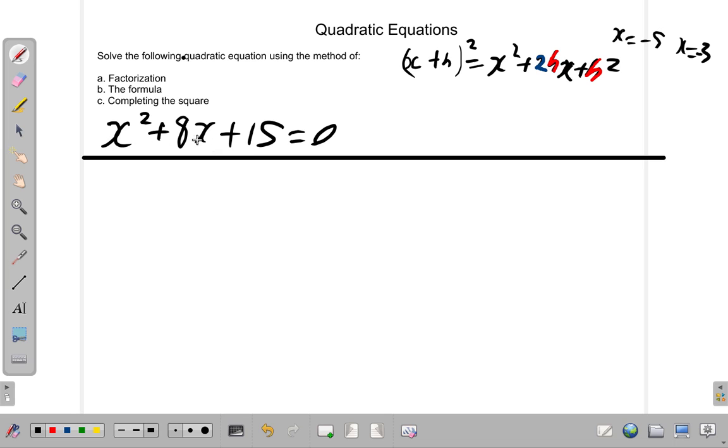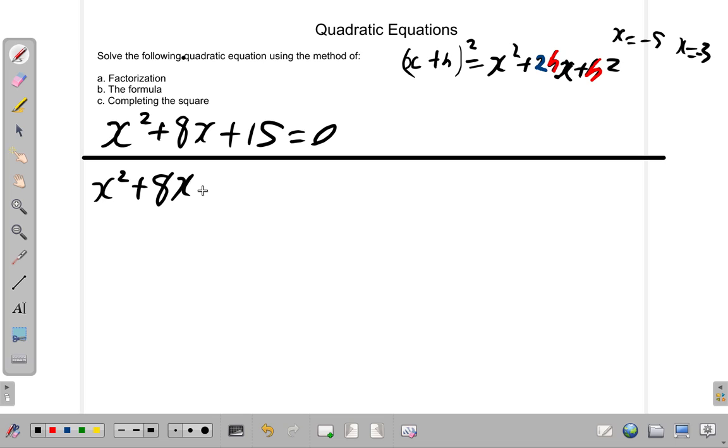You want to fix up this part of it so that you have an x squared plus a number multiplying x plus half of that number squared. Because the number that multiplies x here is 2h. Half of 2h is h, and that squared is h squared. So what you do is say x squared plus 8x.